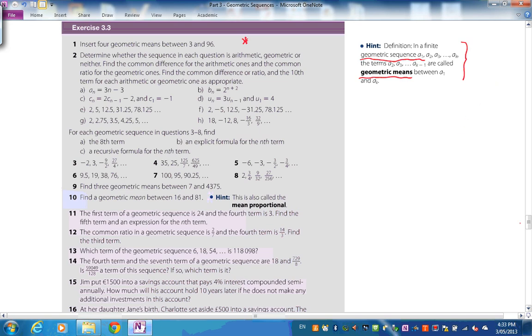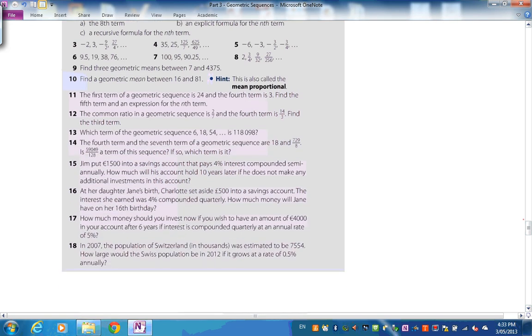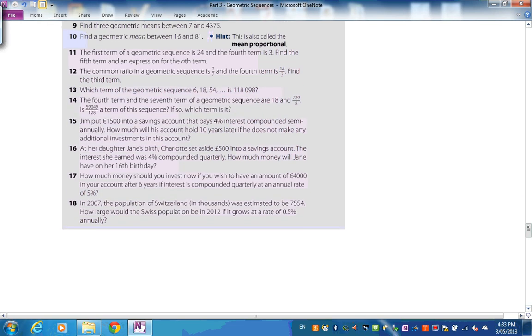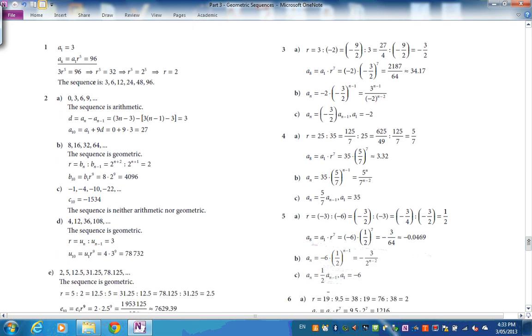There's the first 15 questions. So freeze that and have a go. The answers will be down underneath these questions as before. And then we'll put up the rest of them. You can freeze that and work through. So I'll go down and show you the answers now. Here's question 1, most of the parts, 3, 4 and 5. I'll freeze that bit.